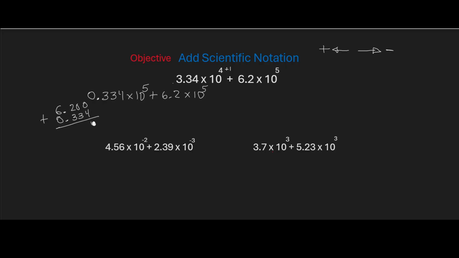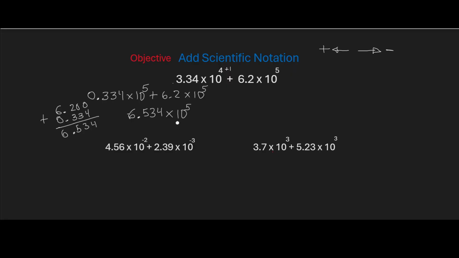So add it up, you're going to have 4, 3, 5, the decimal point, just bring it down, and then 6. So out of this, the answer should be 6.534, and it's going to be times 10 to the fifth power.